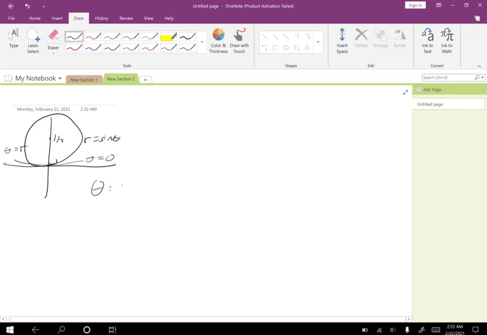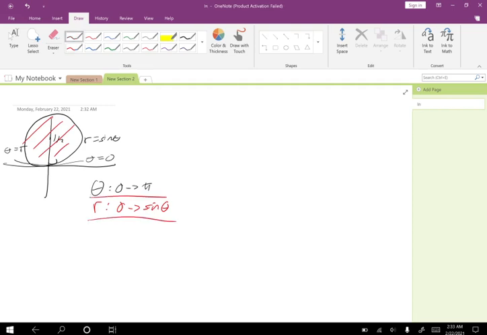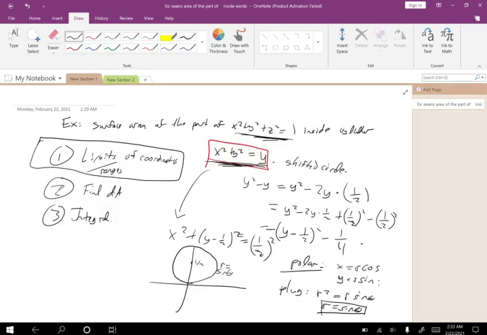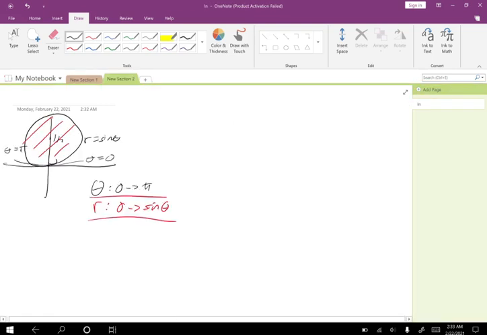So theta goes from 0 to pi, and everything inside that cylinder will just be r ranging from 0 to sine theta. Okay, so now that we have the limits, we can start to talk about what we're integrating.